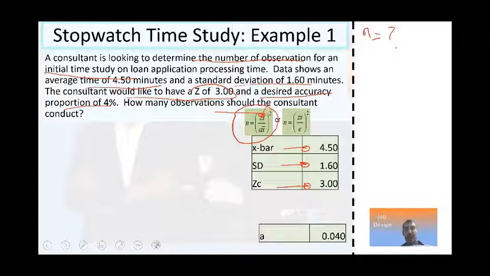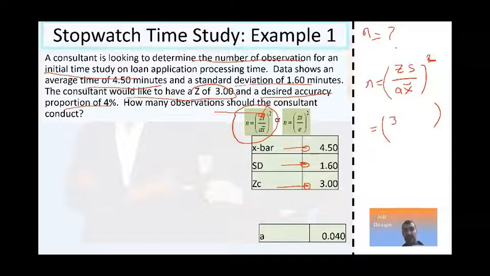They're giving us a, so we know n is equal to zs over a x bar, squared. You plug in the numbers, and we know z is 3, s, the standard deviation, is 1.6.